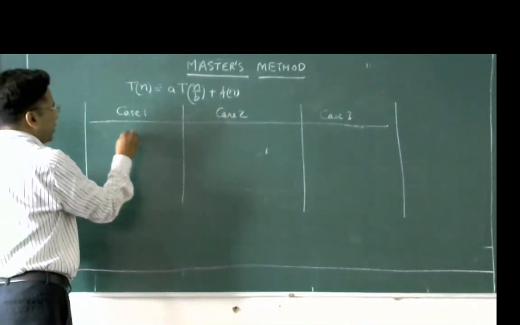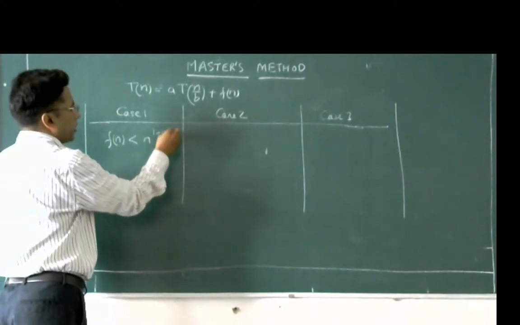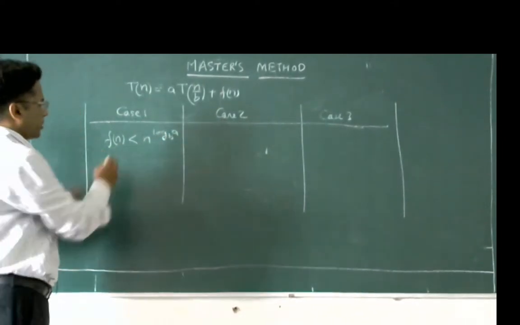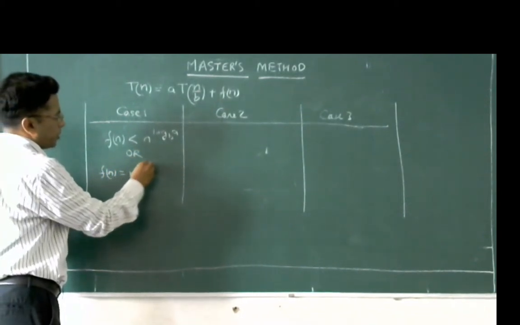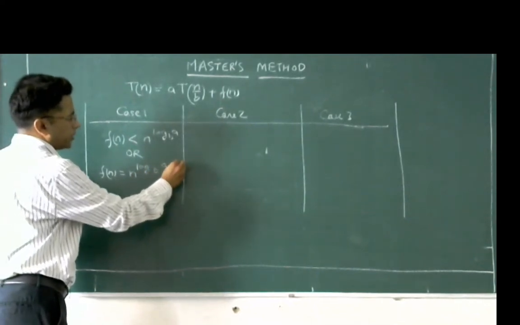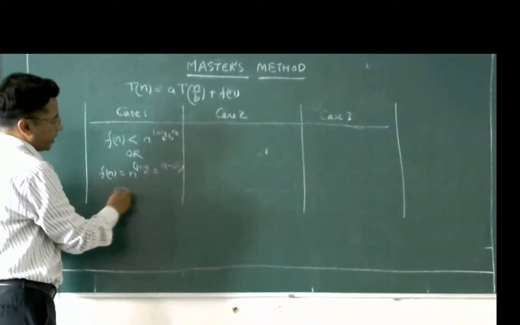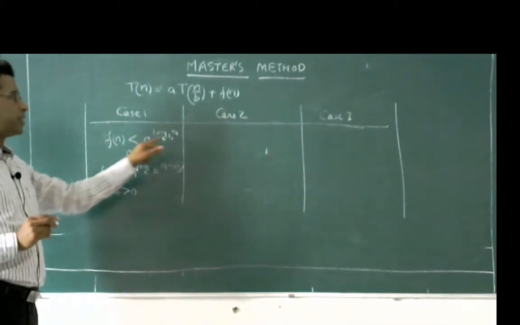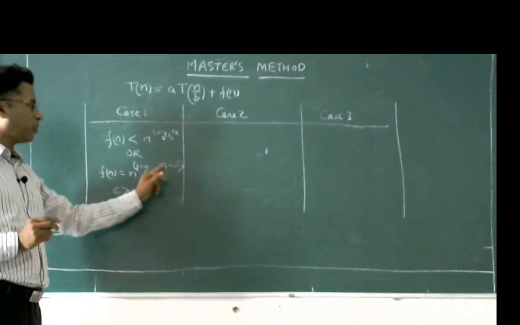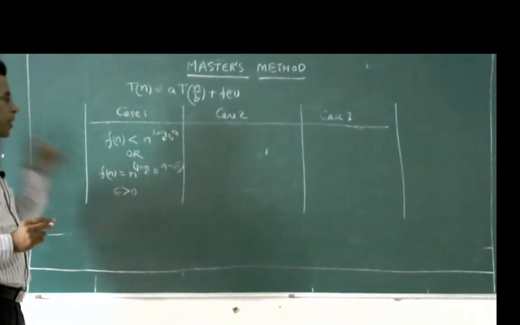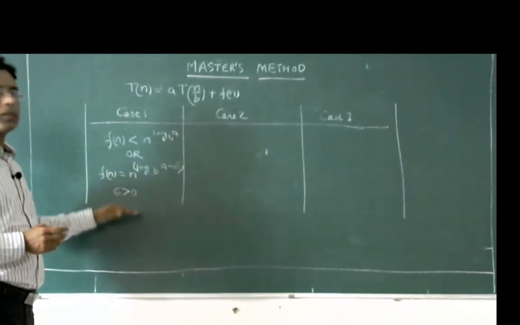If f(n) is less than n raised to the power log a base b, or we can say f(n) equals n raised to the power log a base b minus epsilon, where epsilon is greater than 0, then case 1 arises.